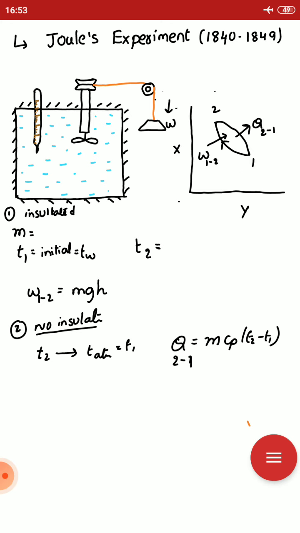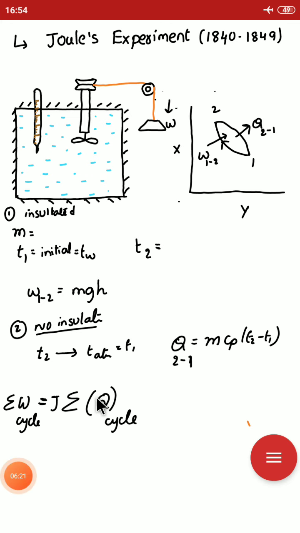He also conducted experiments with many more energy interactions, and he noticed that the same result is found: the sum of all heat in a cycle is equal to the summation of all the work done in a cycle. Joule noticed this.